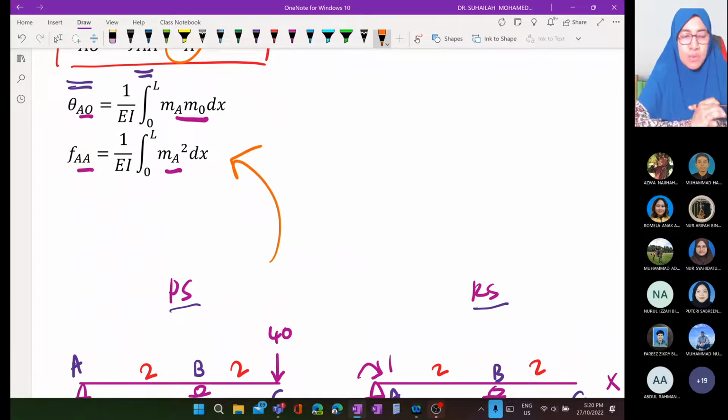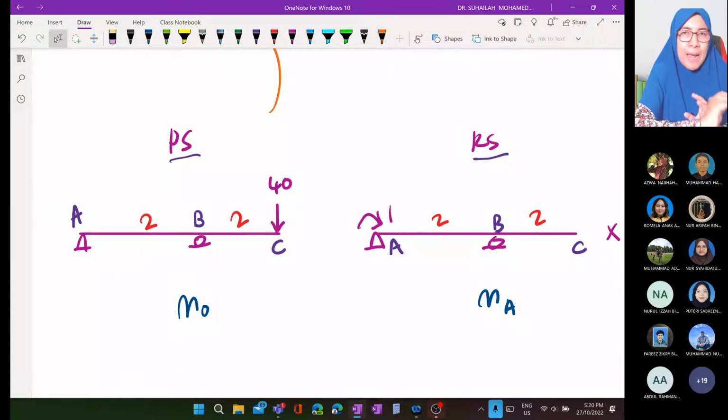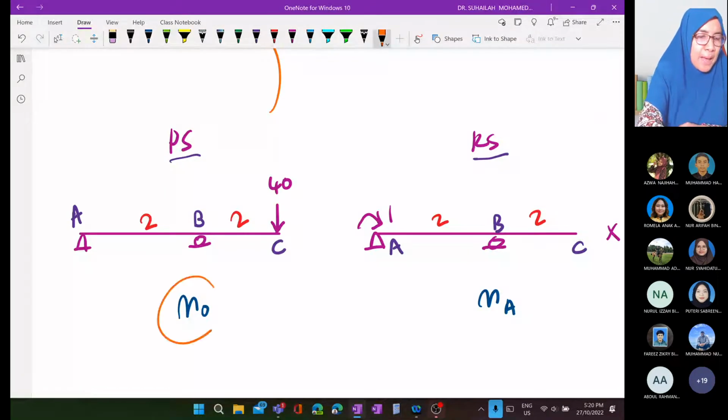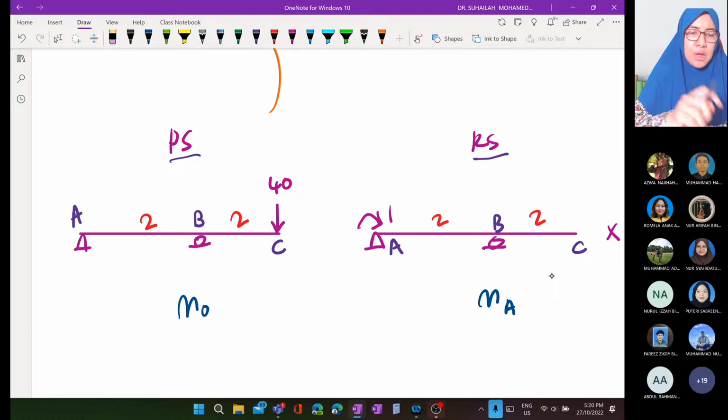The moment equation for the primary beam is called M naught. The moment equation for the redundant system is called MA, MB, MC, MD, depending on the redundant. Now we will continue to calculate the reaction.